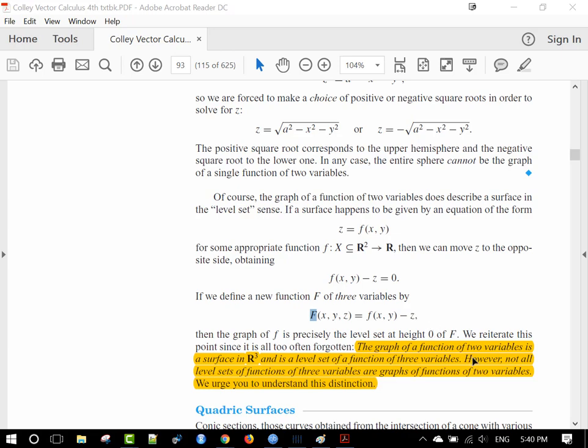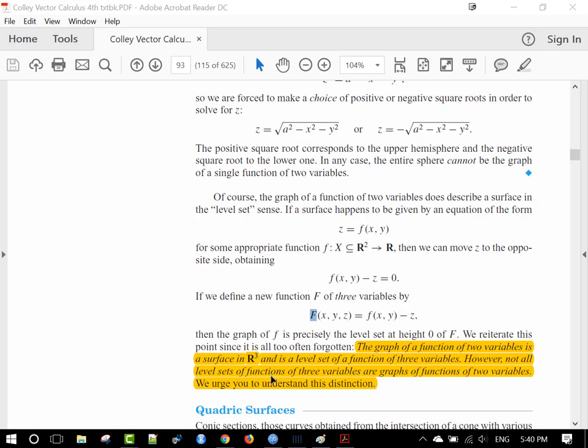Then she says, however, not all level sets of functions of three variables are graphs of functions of two variables. So what she means there is that suppose you have a function of three variables.